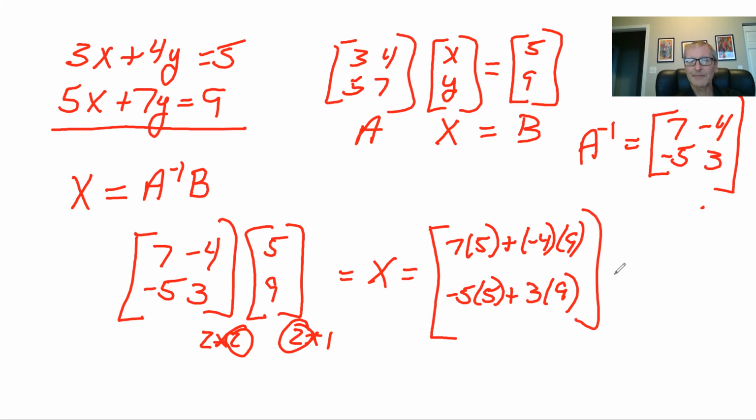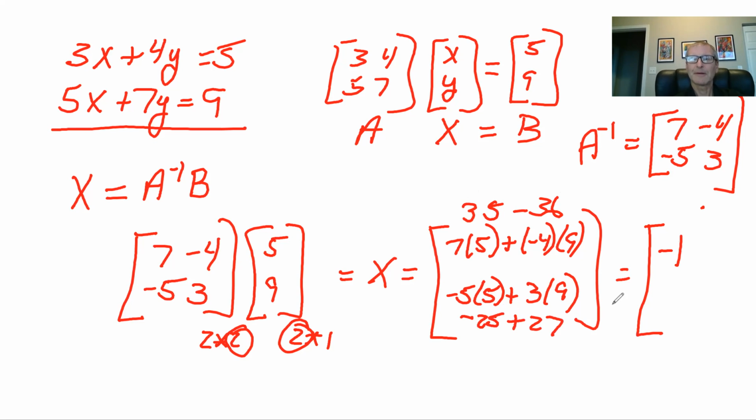If we add those together, the top will be the X. So this would be 35 minus 36, so that would be minus 1. And this would be minus 25 plus 27, and that would be 2. So again, we find x equals minus 1 and y equals 2.